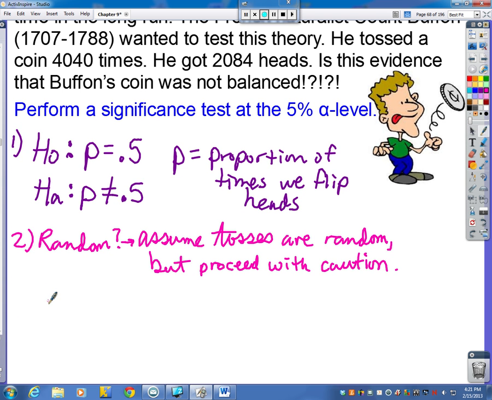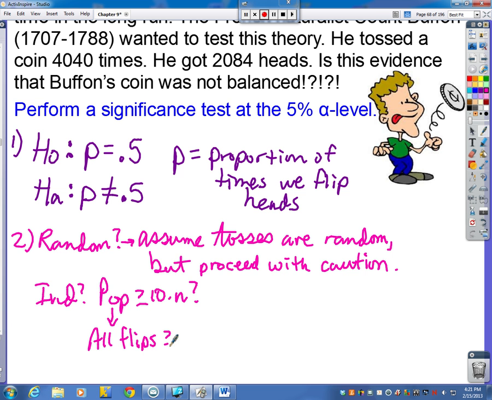Now, number two condition. Do we have independent observations? So is the population at least 10 times our sample size? Well, our population is really all flips of the coin. And technically there are, so we'll say all flips, is that greater than or equal to 10 times 4,040, which would be 40,400?